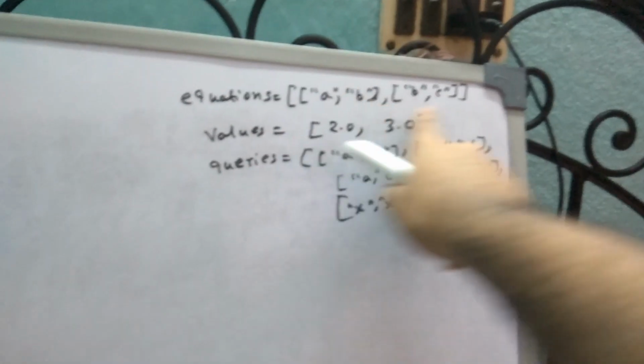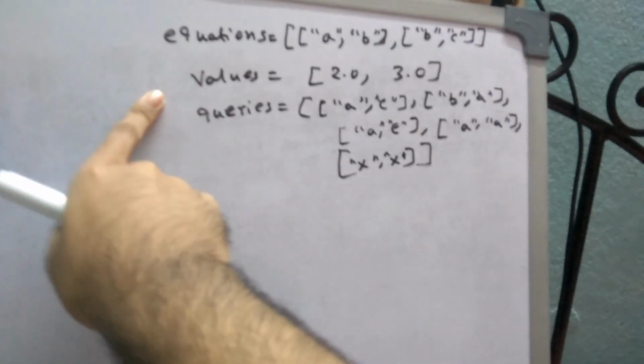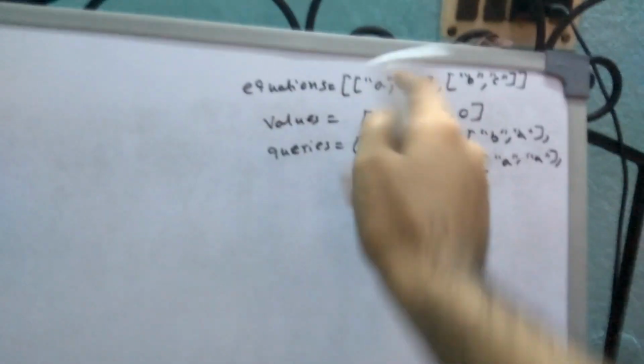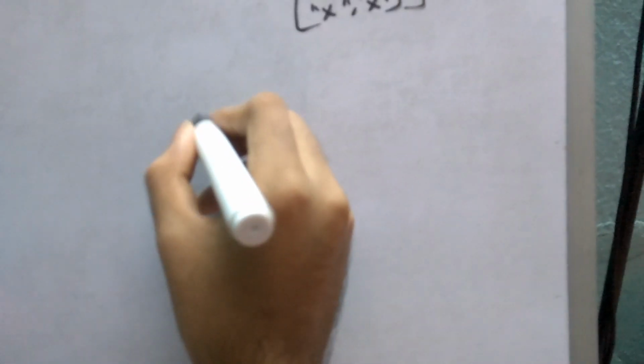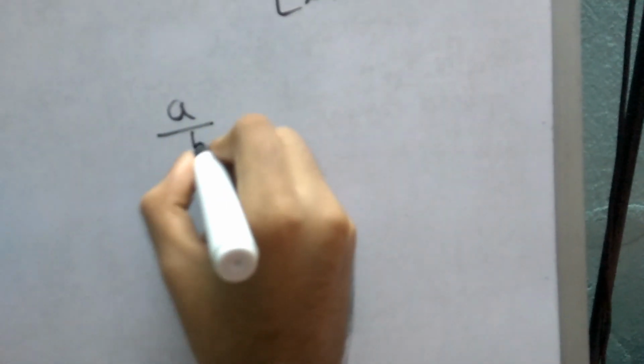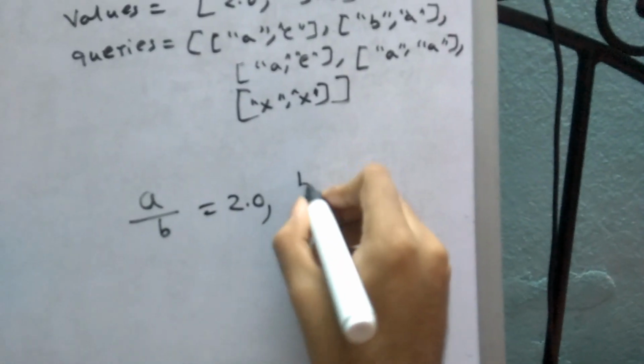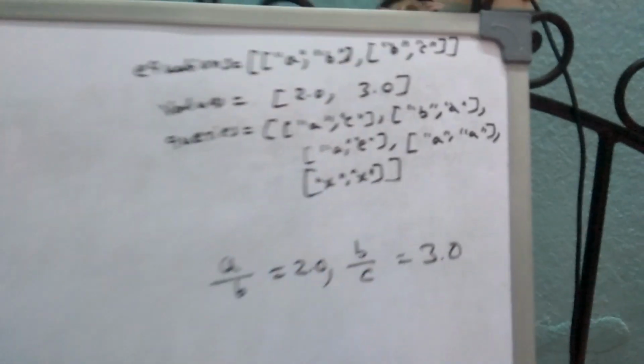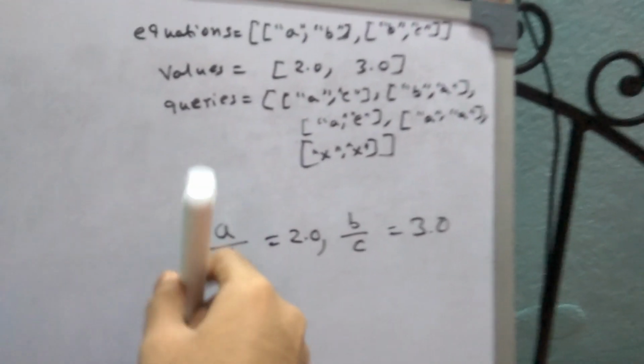So what these a comma b and b comma c values mean is basically that a comma b is 2.0, which implies that a by b is 2.0, and b comma c, b by c, is equal to 3.0.